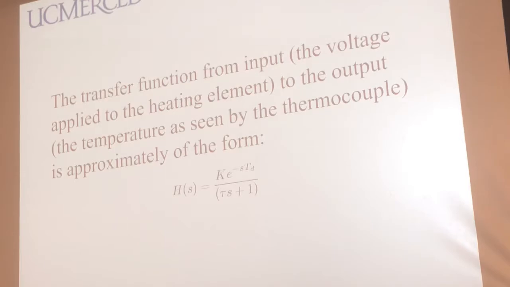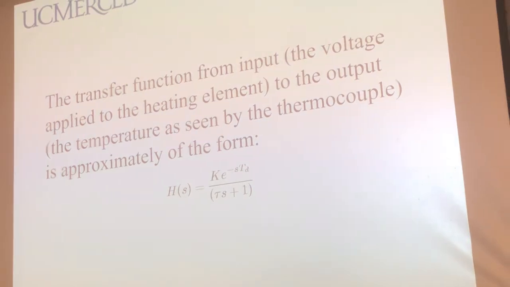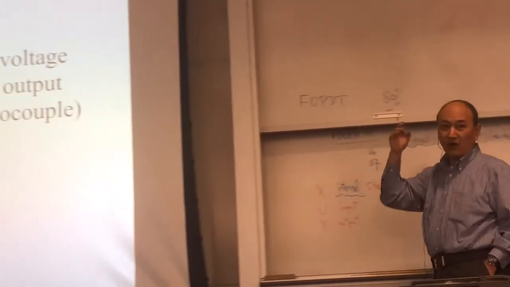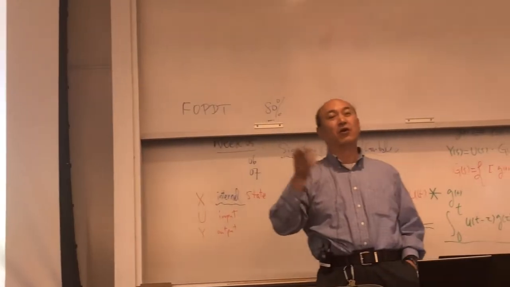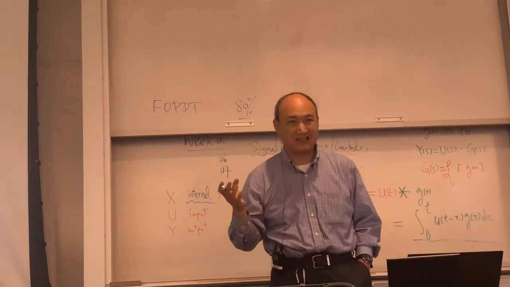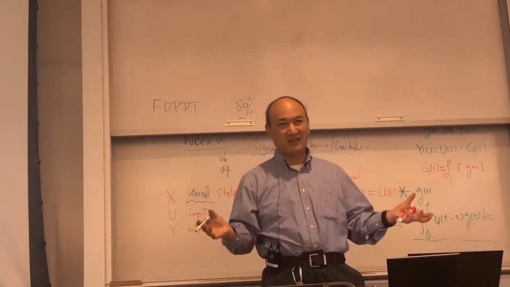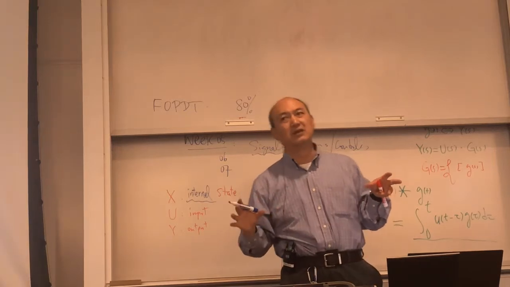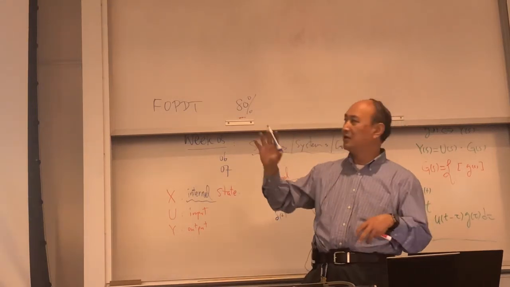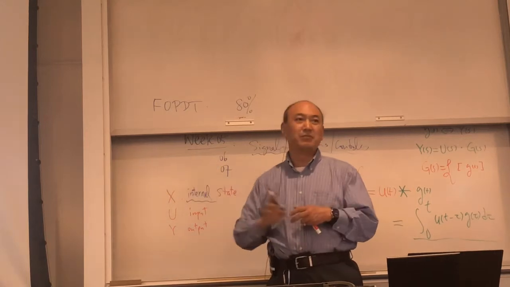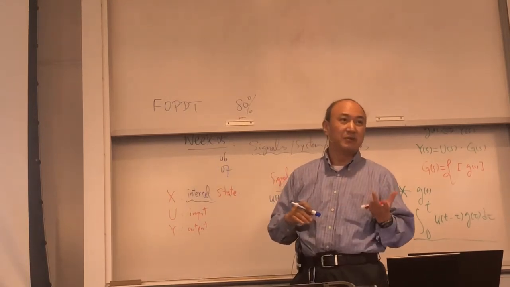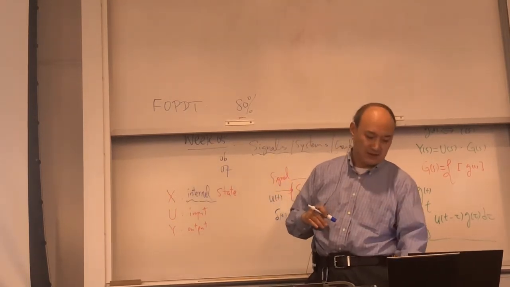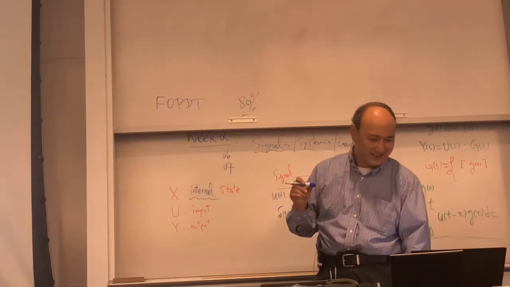So why do we need to single out this format, okay? It's because more than 80% of all control tasks in the world are for thermal temperature control. And those thermal control tasks can be approximately modeled by this FOPDT.